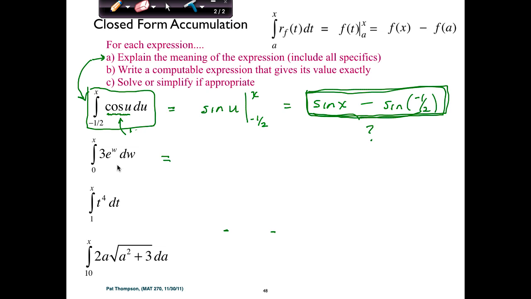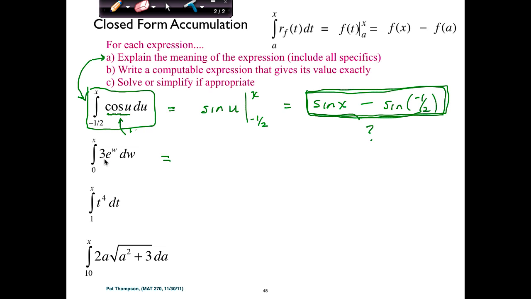Okay, and so then what do we need? We're going to apply the fundamental theorem, thinking about what function did we learn in Calc 1 that has the derivative 3e to the w?